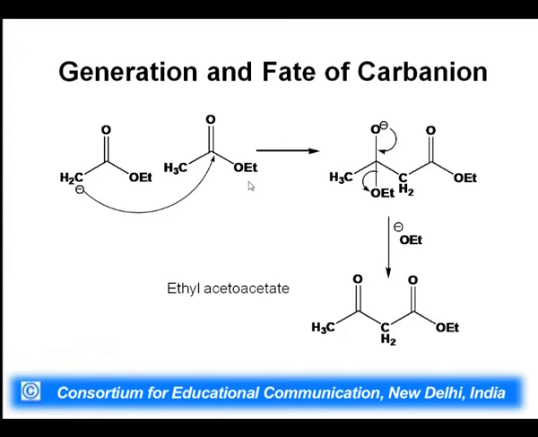So, the OEt group is replaced by this carbanion. So, this is a nucleophilic substitution reaction, specifically nucleophilic acyl substitution, and in this manner we get a very important compound called an active methylene compound, ethyl acetoacetate or acetoacetic ester.